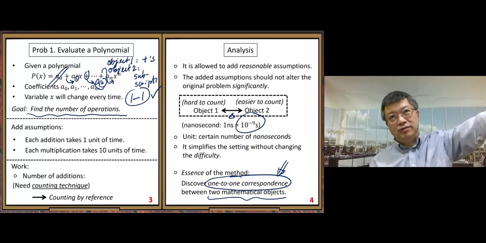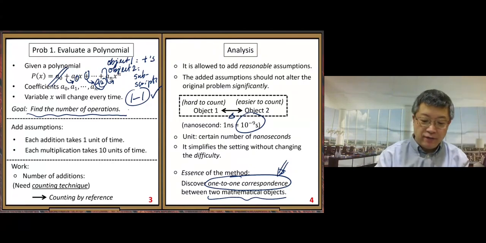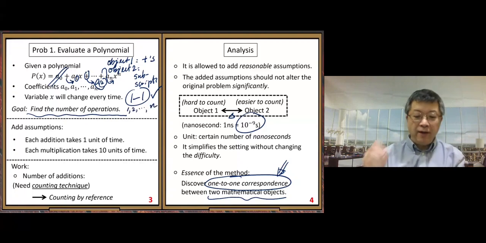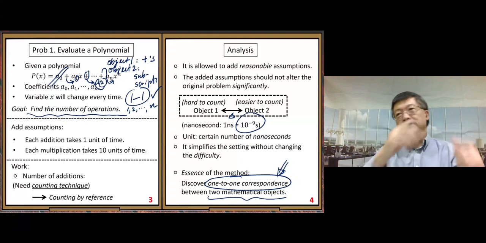It's obvious: you count 1, 2, all the way through n, so we have n for object 2.